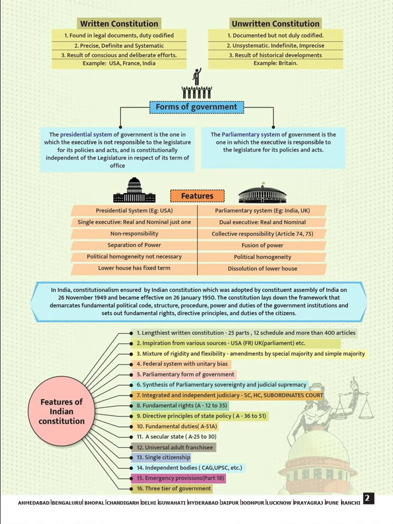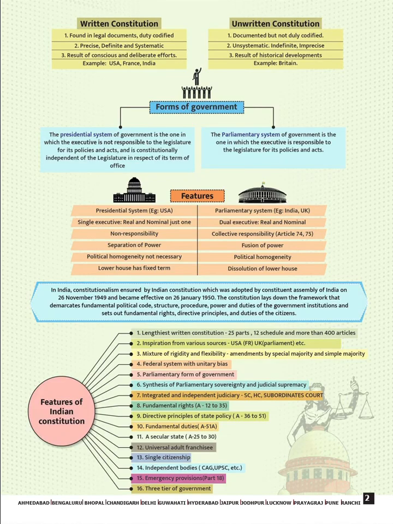So what are the features of the Indian constitution? The first feature is the lengthiest written constitution, 25 parts, 12 schedules and more than 400 articles. The second feature is the inspiration from various sources: USA, France, UK, Parliament, fundamental rights, etc. Third point is the mixture of rigidity and flexibility, amendments by special majority and simple majority.